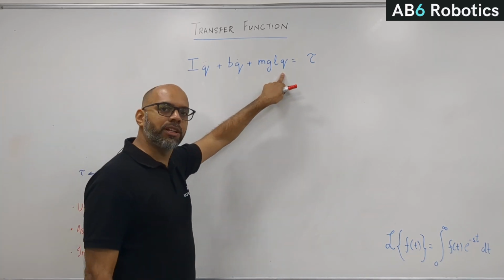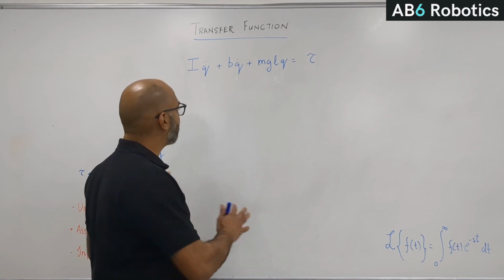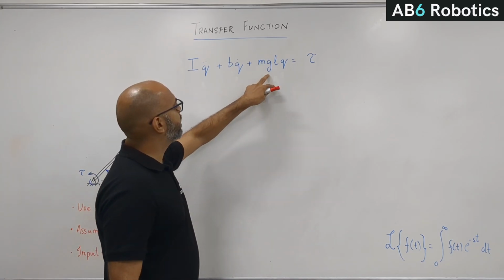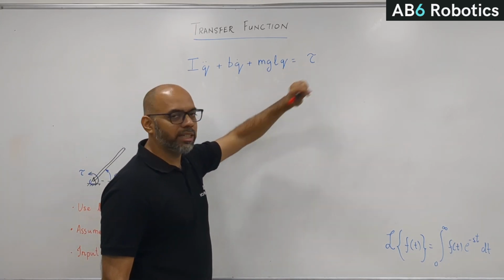Otherwise in general you would have gotten a sine theta term here, but assuming things are linear, you have mglq. This whole thing is equal to tau.